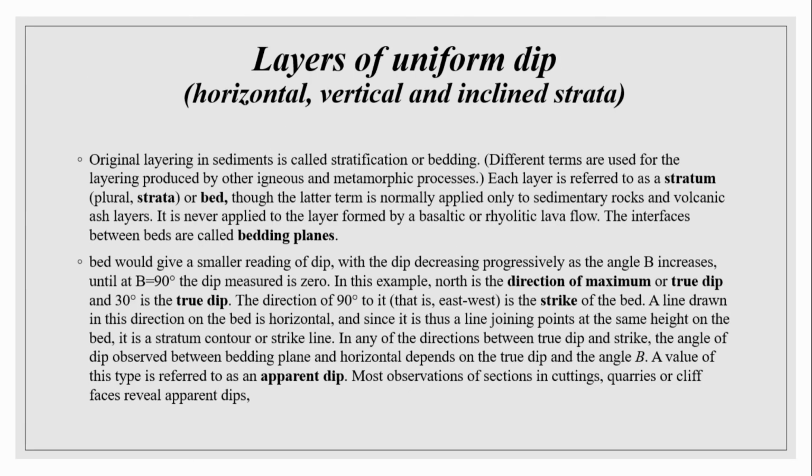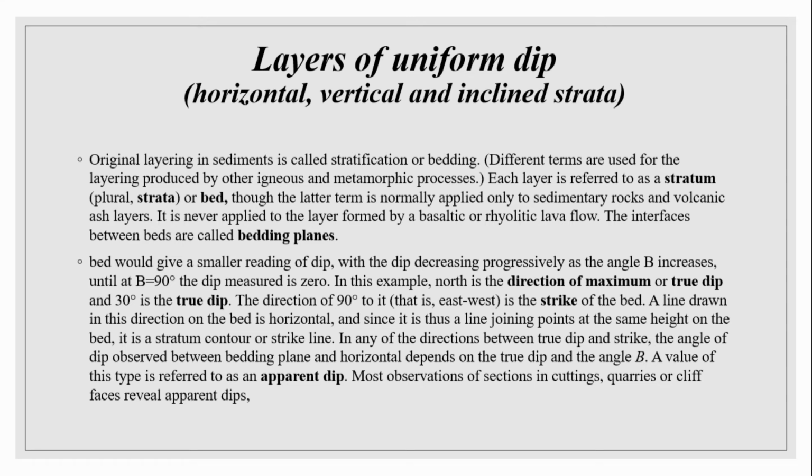So, the layer of uniform dip: horizontal, vertical, inclined strata. Original layering in sediments is called stratification or bedding, and different terms are used for the layering produced by igneous and metamorphic processes.